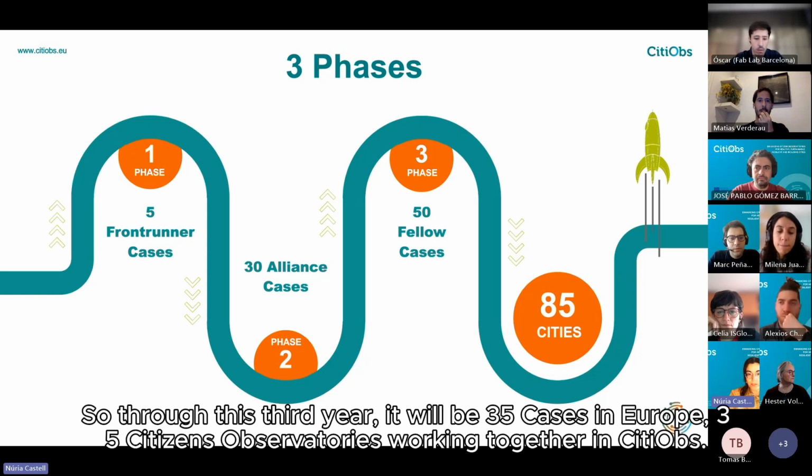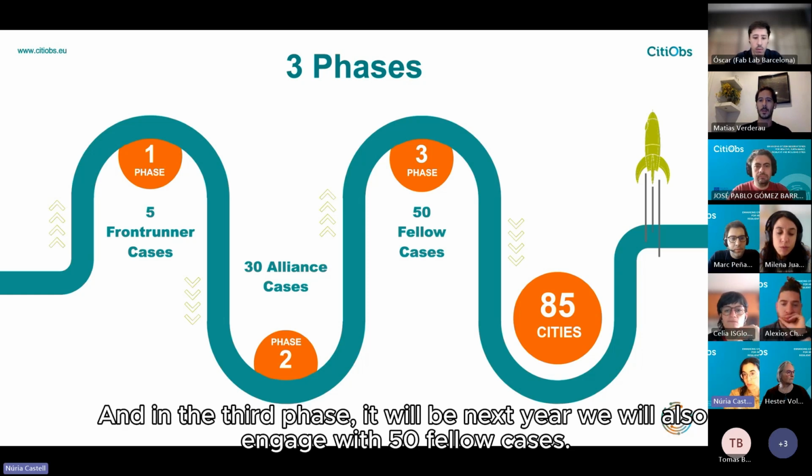So through this third year, it will be 35 cases in Europe, 35 citizen observatories working together in City Ops. And in the third phase, next year, we will also engage with 50 fellow cases.